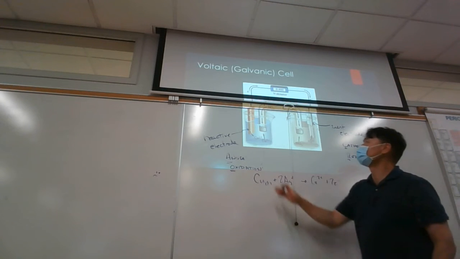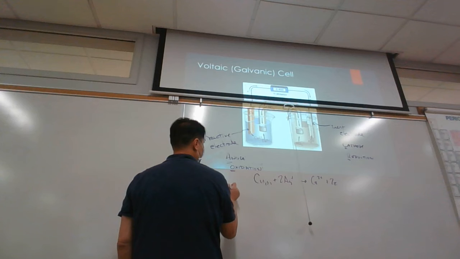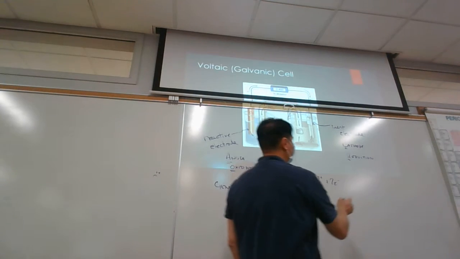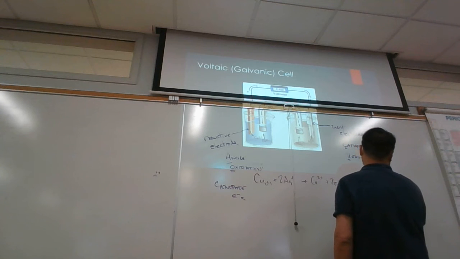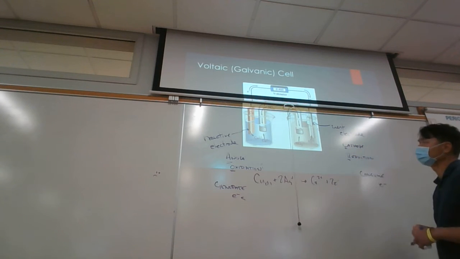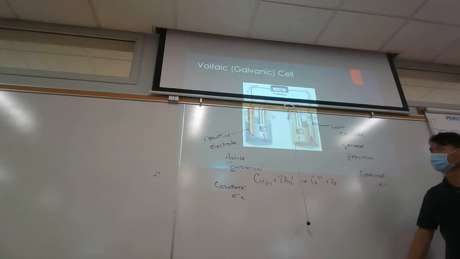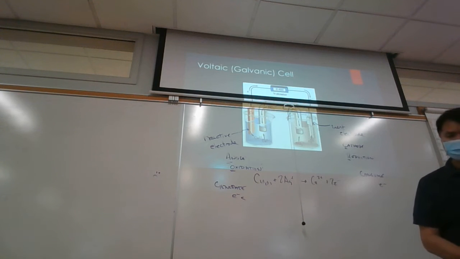And so over here, we're generating electrons. At the anode, we generate electrons. At the cathode, we consume electrons. And the electrons flow left to right. So we'll try to generate the cells in this way.